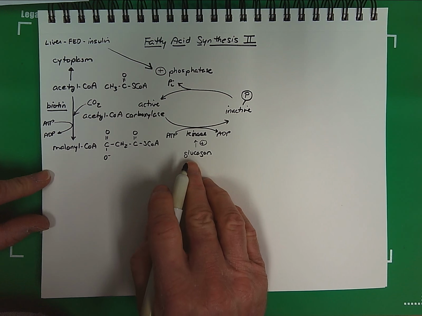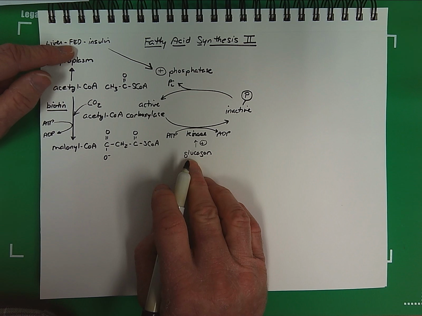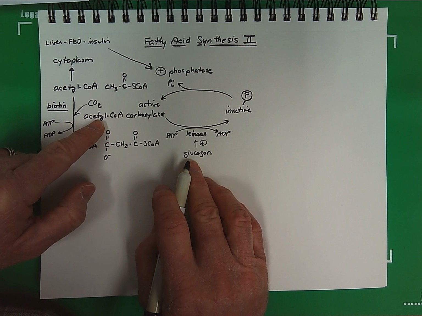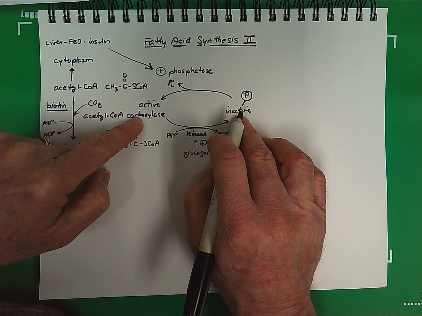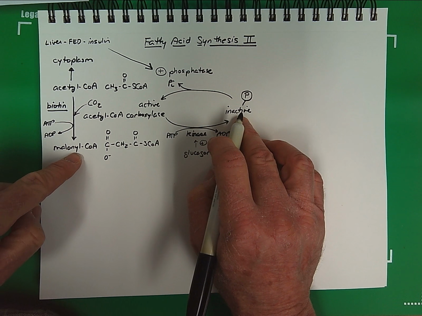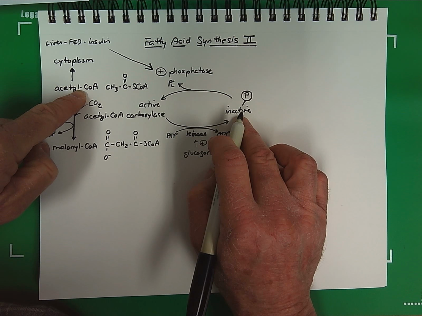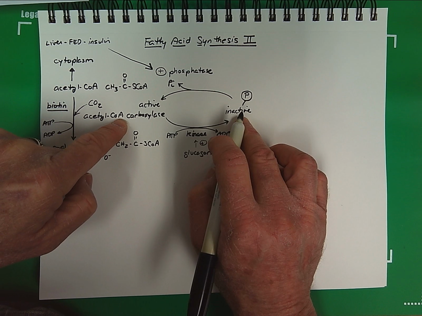Now glucagon, of course, is the hormone signal in the fasting state. So when we are in a fasting state, we want to phosphorylate the acetyl-CoA carboxylase in order to inactivate it, because we do not want to convert acetyl-CoA to malonyl-CoA. Essentially we do not want to make fatty acids in a catabolic state. So we need to shut this enzyme off.